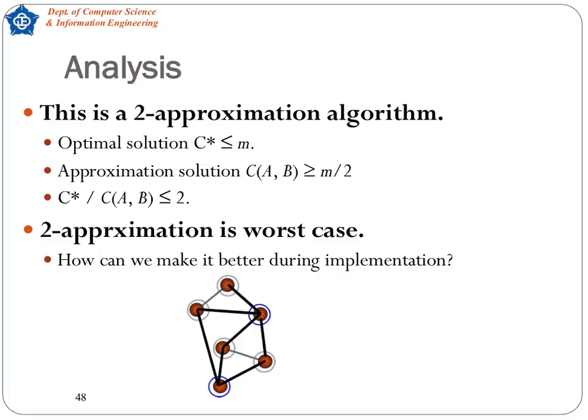This naturally leads to a critical question for us to consider in practice. How can we potentially improve this during implementation? To give you a visual anchor, take a look at the bottom of the slide. You'll see a simple graph representation, a set of interconnected nodes and edges, with some nodes highlighted by blue circles. This visual serves to illustrate the very structures we're analyzing when applying this algorithm.